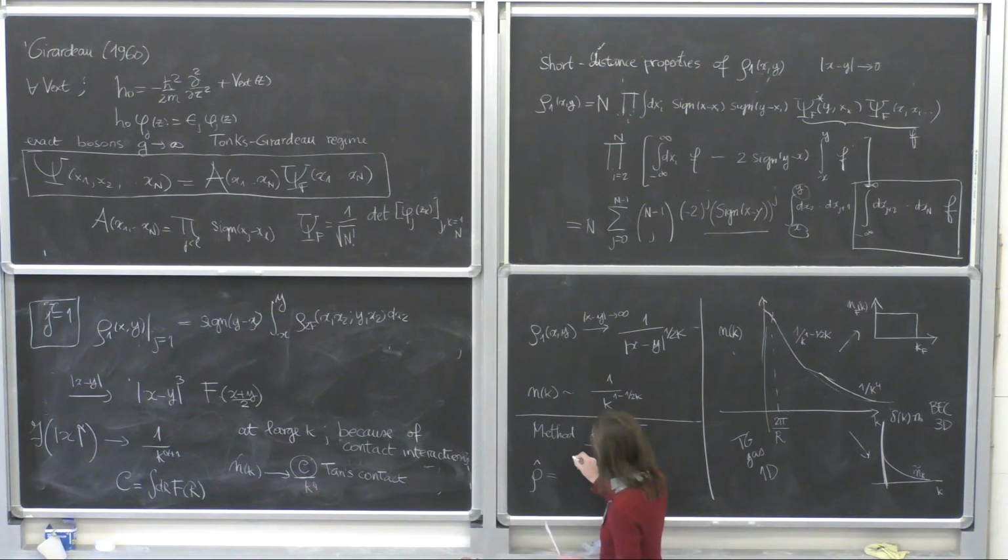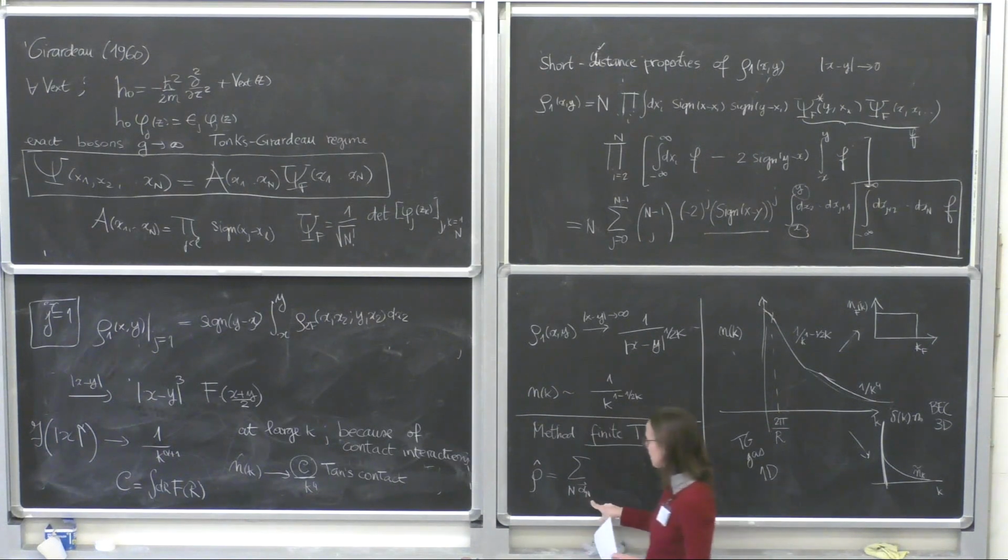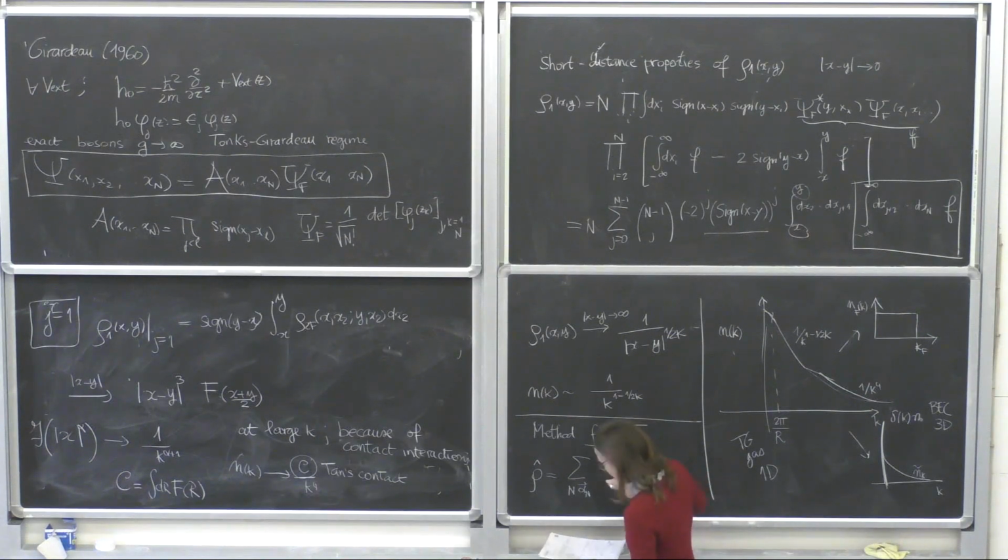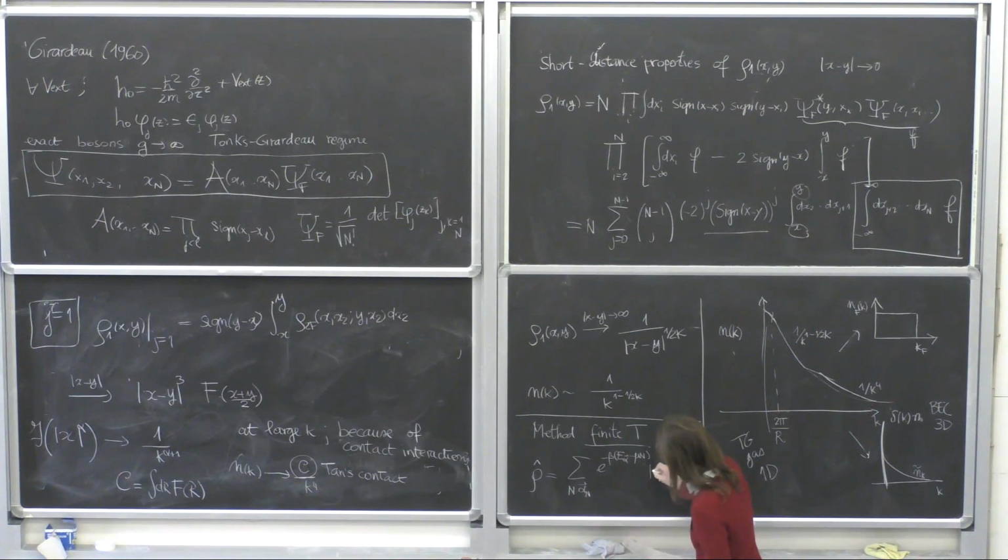It can be written as the sum over all the particle numbers, over all the energy levels for these fixed particle numbers, times a factor that is just the grand canonical weight, e to the minus beta (E_alpha minus mu N), and then all these states.